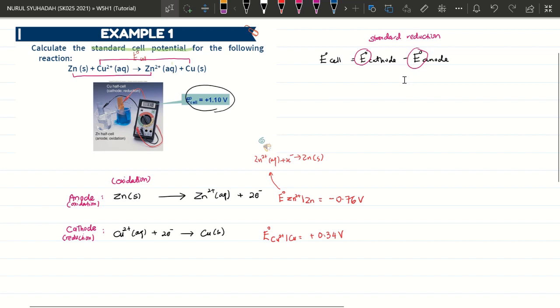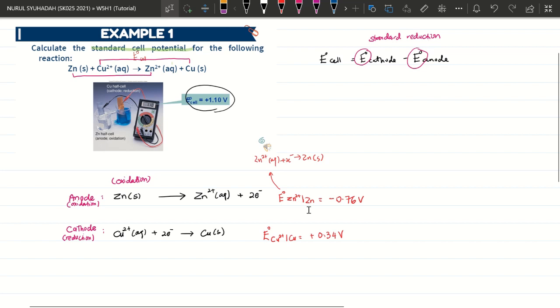To make it simple, don't change any value, and don't multiply it by 2 or divide it by 2. You will just use the value as it is.